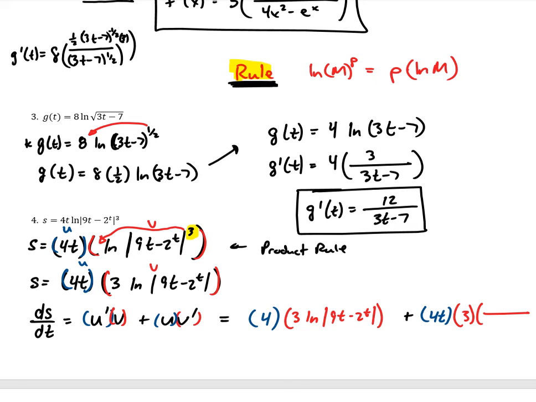So that means put this expression, the 9t minus 2 to the t, in the denominator. And then in the numerator, we'll do its derivative. The derivative of 9t is 9. And then minus the derivative of 2 to the t. Well, the derivative of 2 to the t is itself times the natural log of 2.